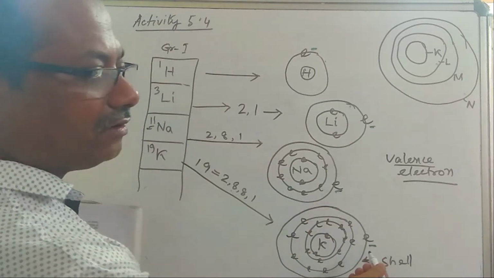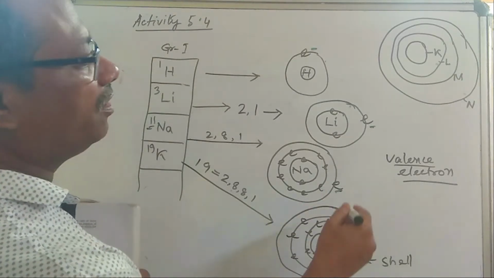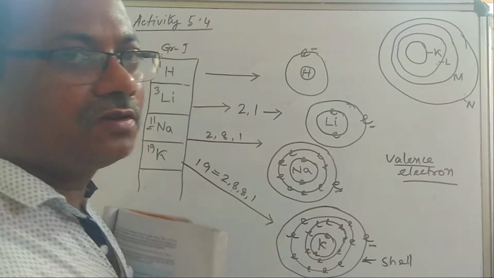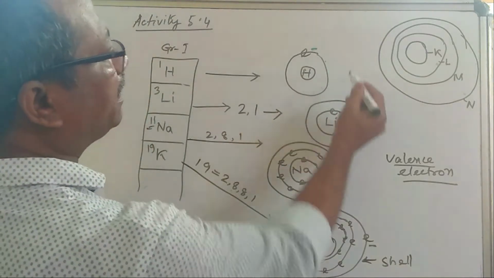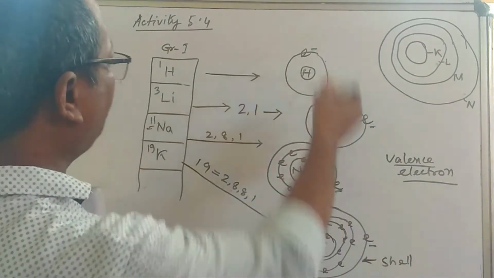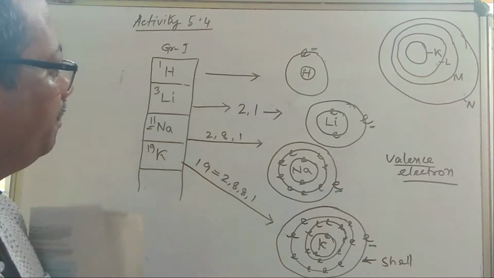That number of electrons present on the last orbit or last shell is called valence electrons. Only one valence electron we found in all the 4 elements of the first group.